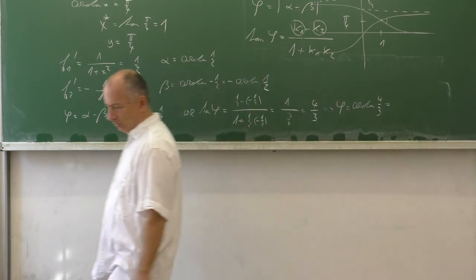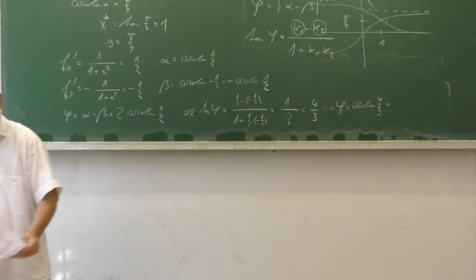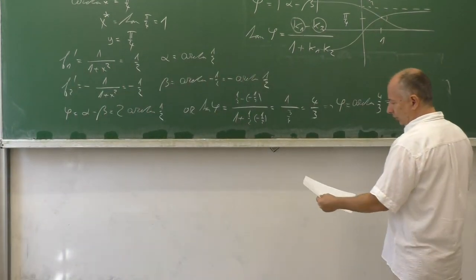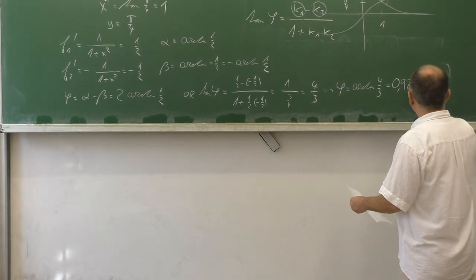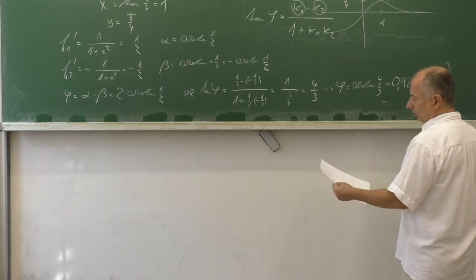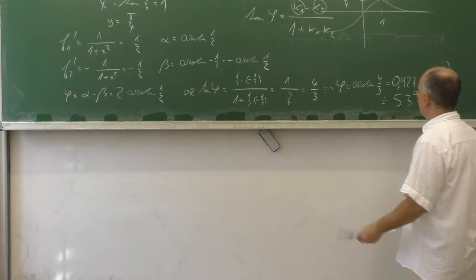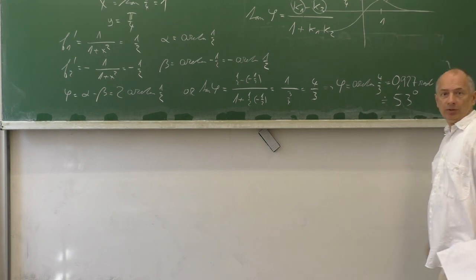If you want some numerical value, this happens to be 0.927 in radians, or approximately 53 degrees, which is in quite good agreement with the picture.